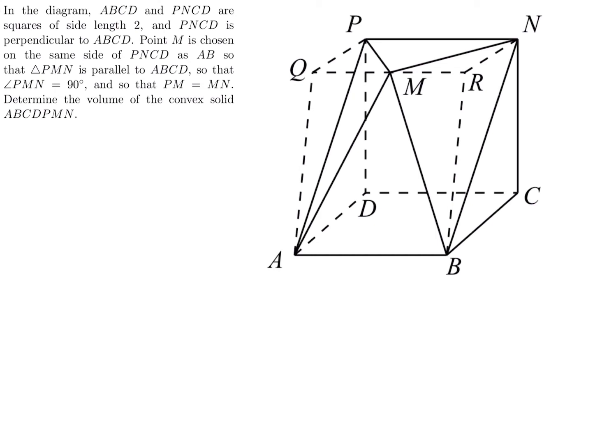Now, I hope you can see that the convex solid that we have to figure out the volume of can be calculated by first figuring out the volume of this entire shape, including the dotted lines, and then subtracting from it these tetrahedra, this one and this one. If you do that, you will be able to get the volume.